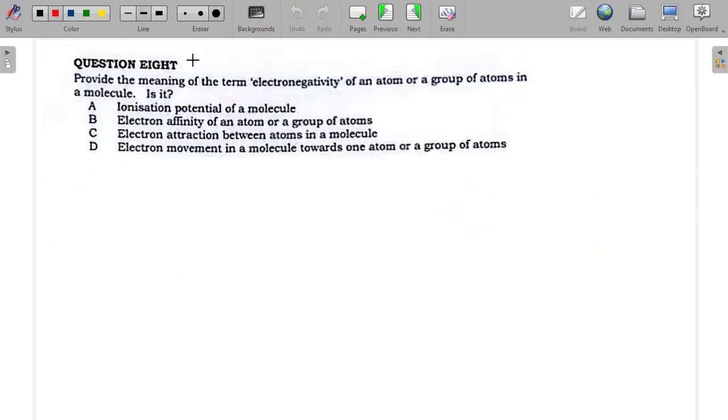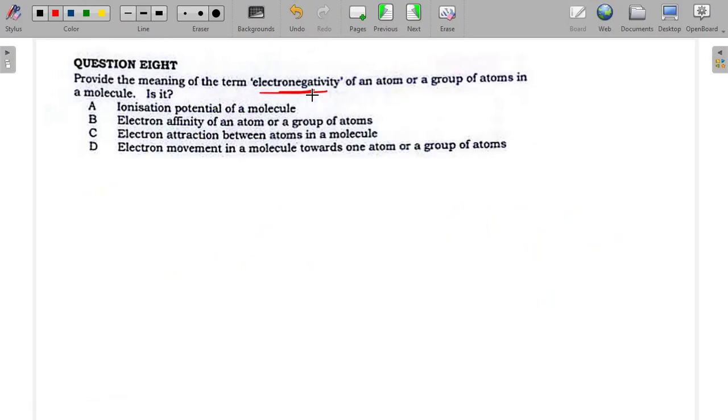So that's the definition of hybridization, the mixing of orbitals to form new ones. And then question 8, they're saying provide the meaning of the term electronegativity. Okay, so in general, if I don't look at these options, electronegativity is just the tendency, or the power of an atom to attract shared electrons.